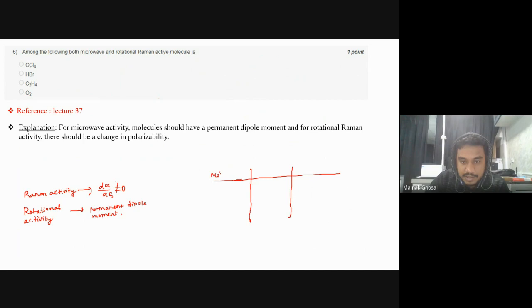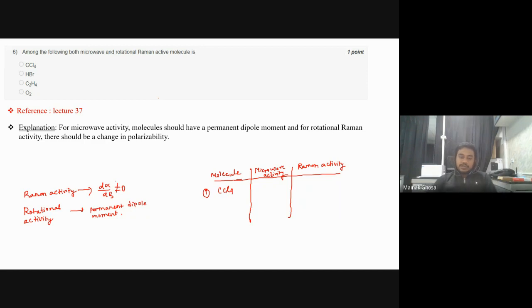On the left side I am writing molecule, here I am writing microwave activity, and another I am writing as Raman activity. So the first molecule is CCl4.